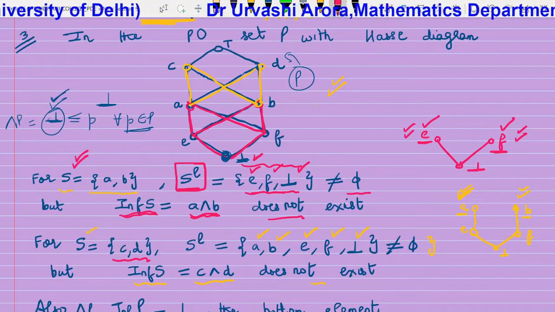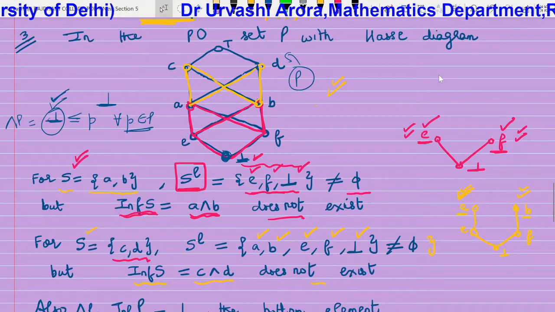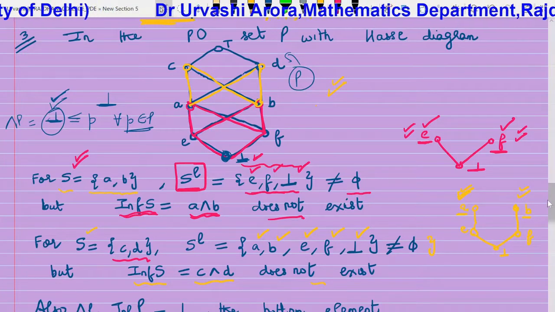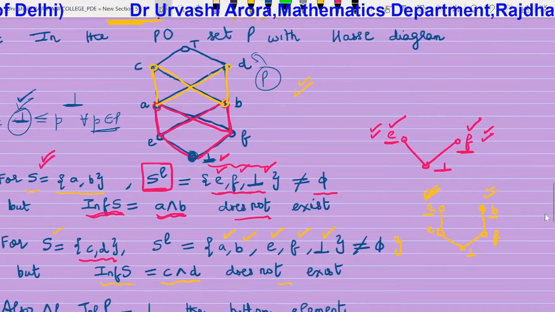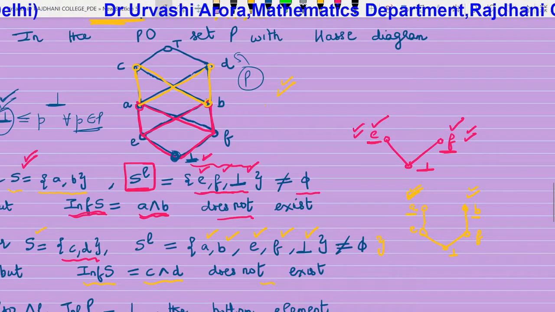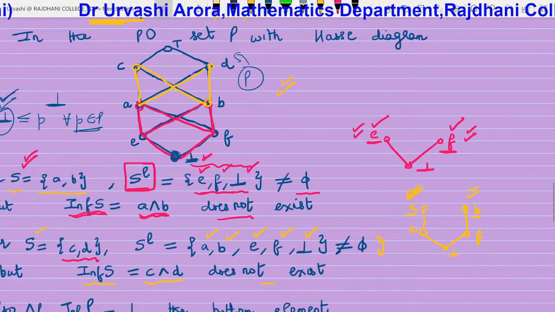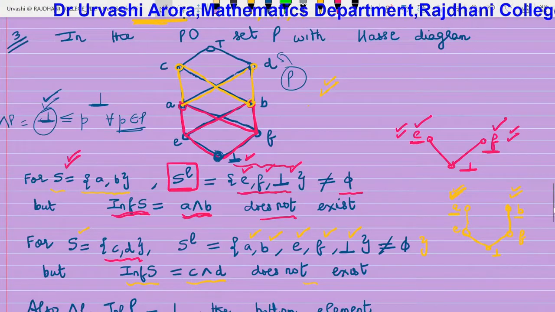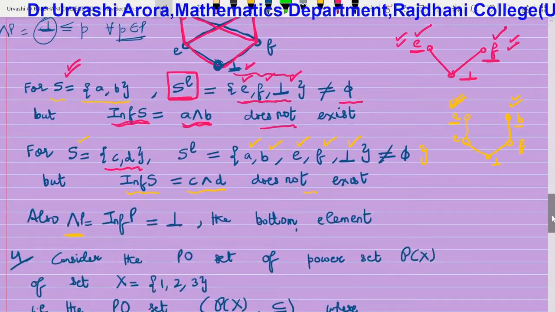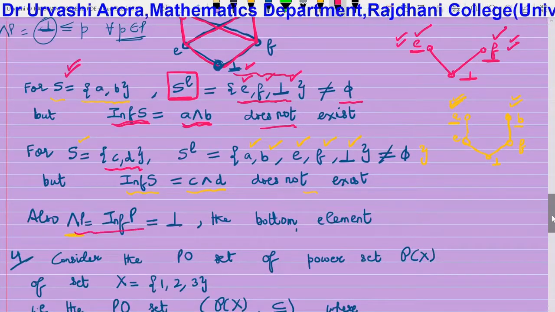That is what we have. And this is what has been written in the last line, that meet of P is the bottommost element, which is inverted T.